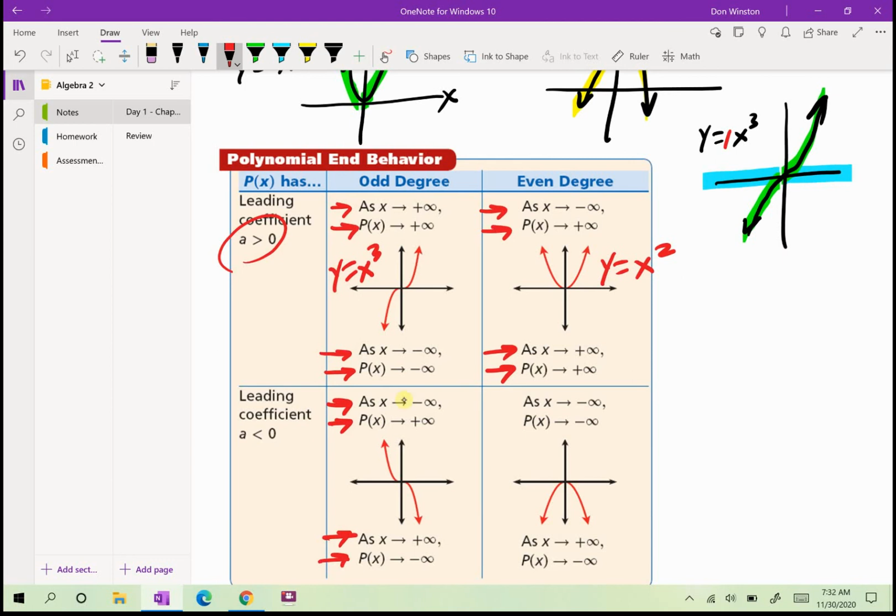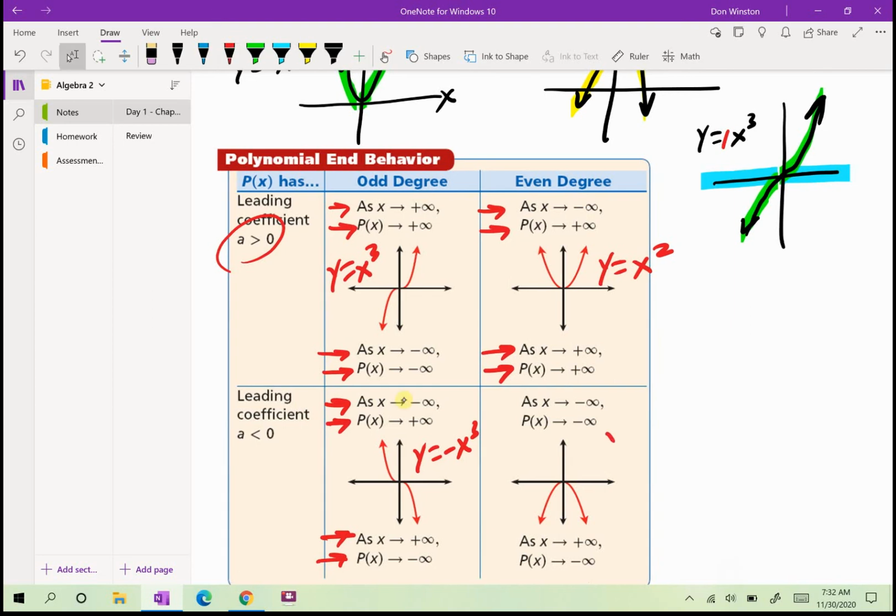So this would be like y is equal to negative x cubed. And then for a quadratic, if the leading coefficient is negative, as x goes to negative infinity, y goes to negative infinity. And as x goes to positive infinity, y goes to negative infinity. So it falls on both ends.